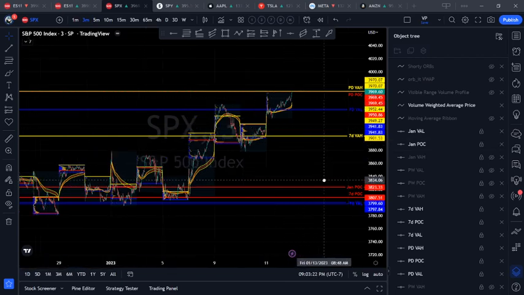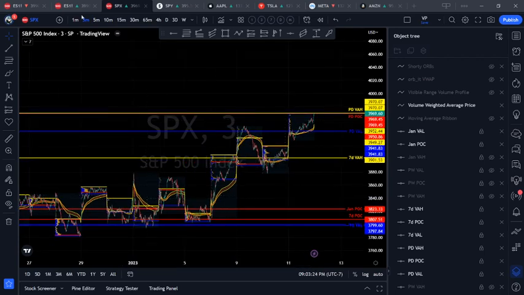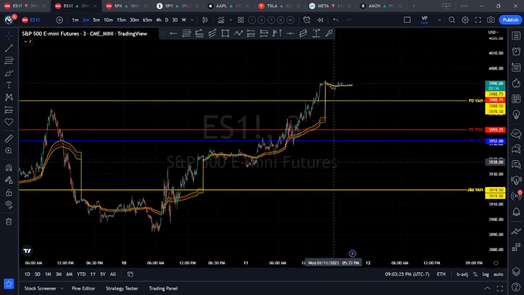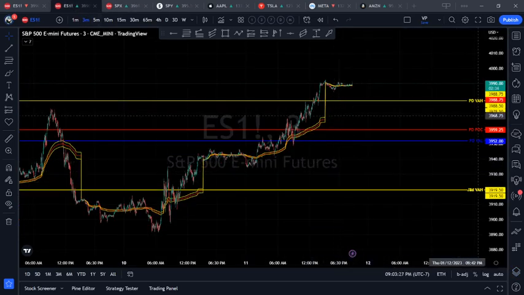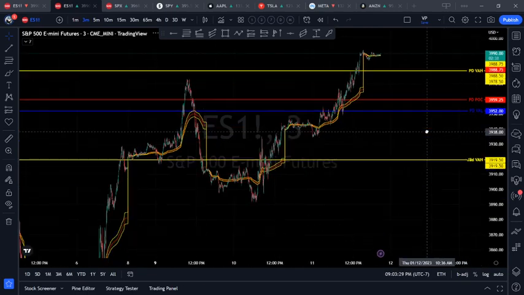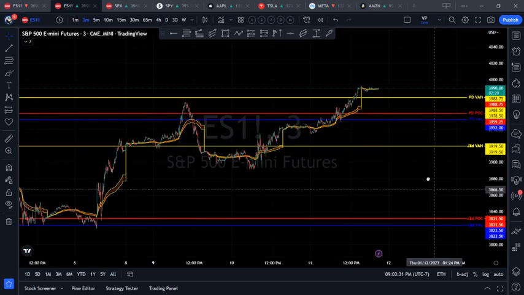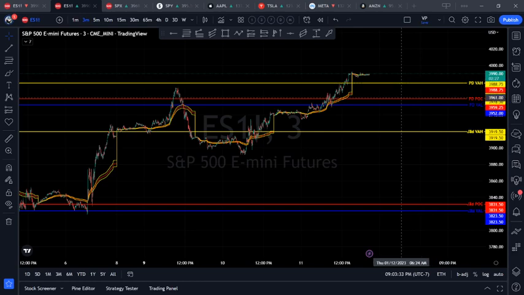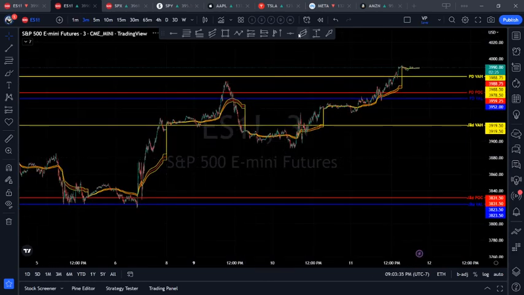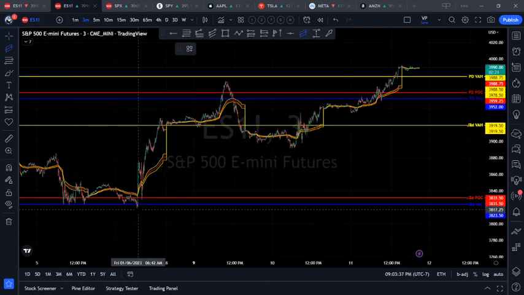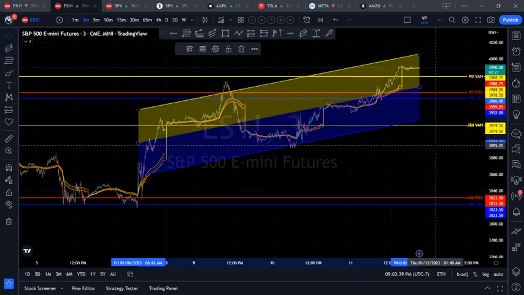CPI could come out amazing. We could see a rocket. I don't want to say that with confidence, but for me, everything detail wise seems to show we've been having a lot of momentum to the upside here, especially since last Friday.